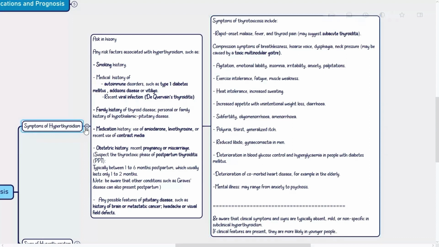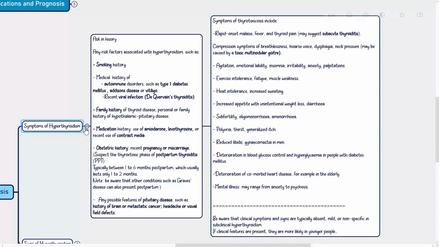Symptoms of thyrotoxicosis include rapid onset malaise, fever, and thyroid pain, which may suggest subacute thyroiditis. Compression symptoms of breathlessness, hoarse voice, dysphagia, neck pressure may be caused by a toxic multinodular goiter.